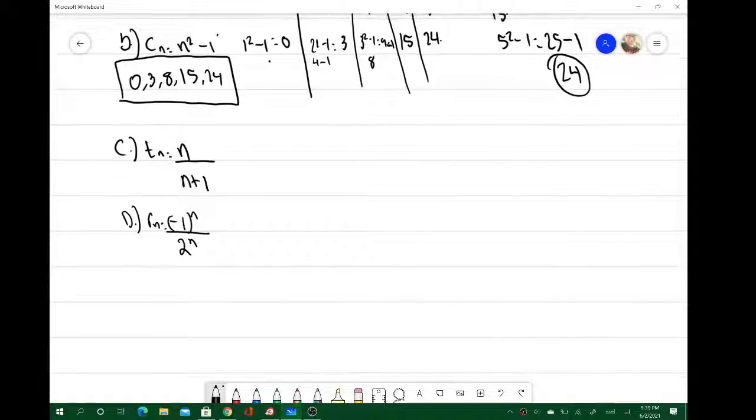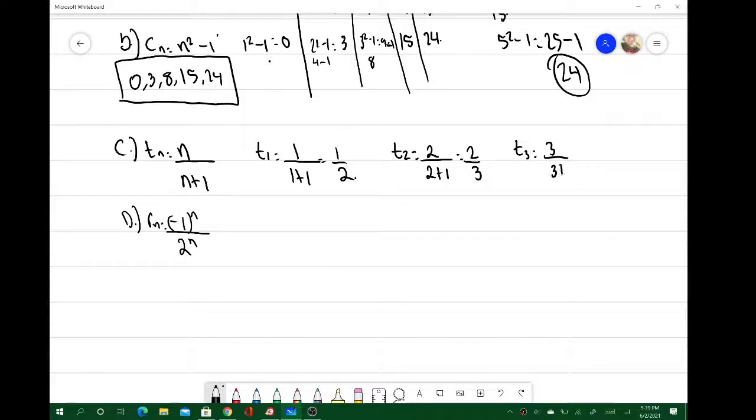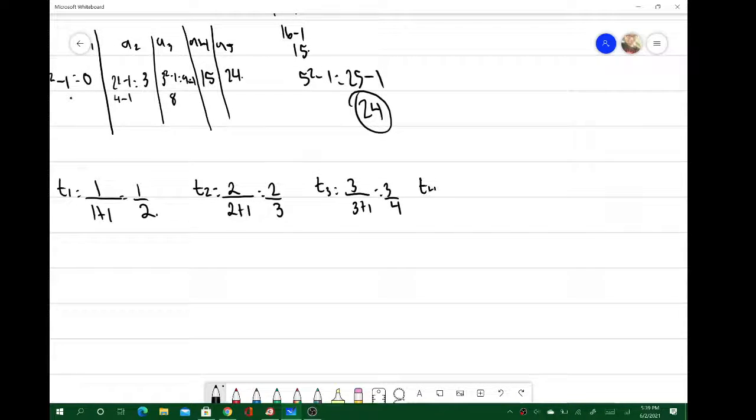Now, for part C, you're doing the exact same thing. So basically t sub 1 is equal to 1 over 1 plus 1, that's 1/2. T sub 2 is 2 over 2 plus 1, that's just 2/3. T sub 3 is equal to 3 over 3 plus 1, which is 3 over 4. T sub 4 is 4 over 4 plus 1, which is 4/5.